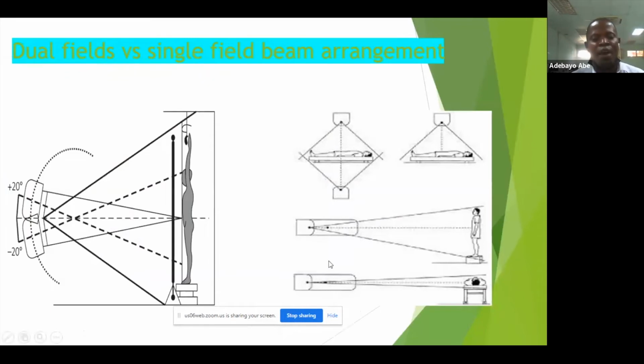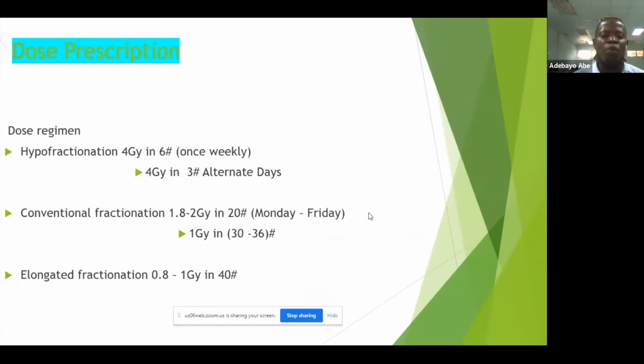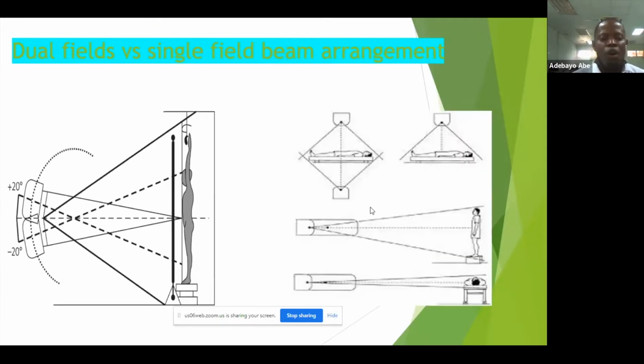As I've said earlier, there are dual field and single field beam arrangements. The dual field arrangement shows more improvement in homogeneity than the single field because of the long SSD mode. That's why most of the patient plans on new techniques are now done on dual field or multiple field.